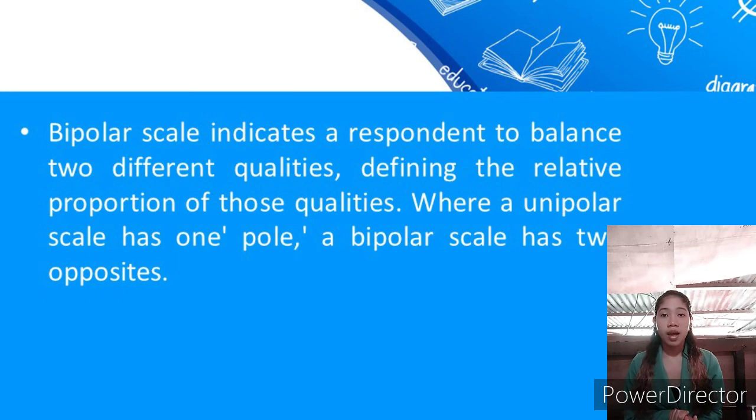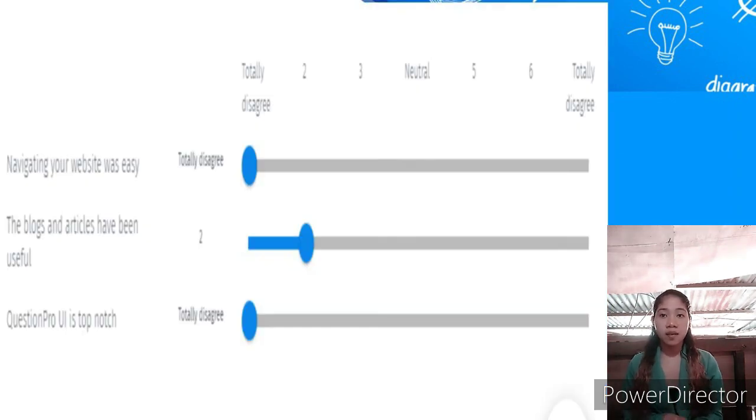For example, a common bipolar scale includes the following choices: completely dissatisfied, mostly dissatisfied, somewhat dissatisfied, neither satisfied nor dissatisfied, somewhat satisfied, mostly satisfied, and completely satisfied. So this is an example of the bipolar Likert scale. The bipolar is only the opposite of the unipolar scale.